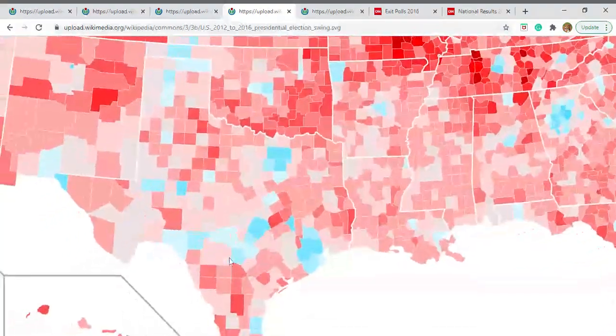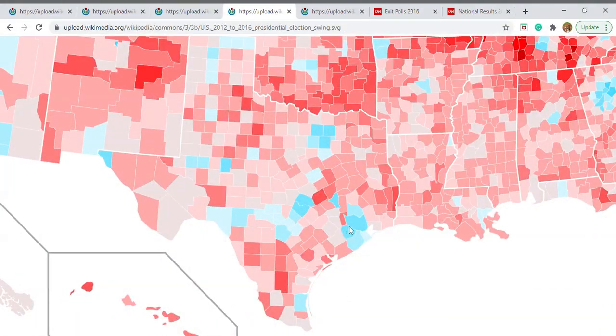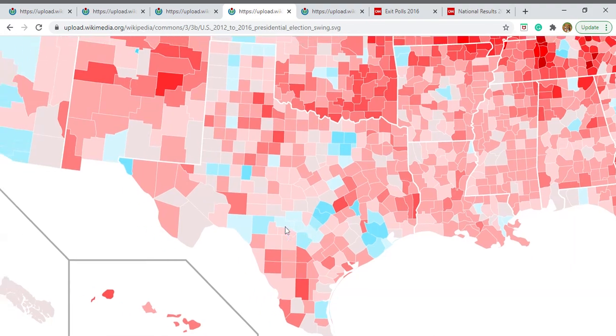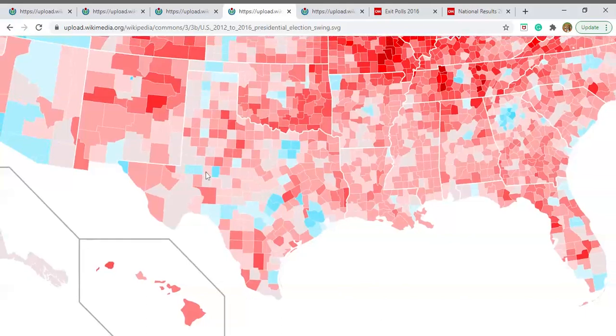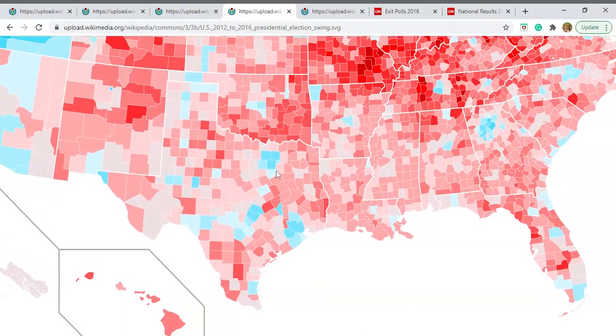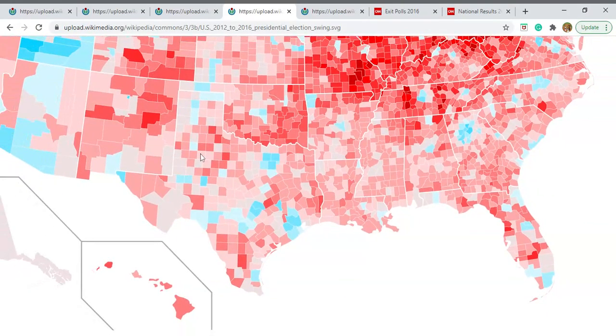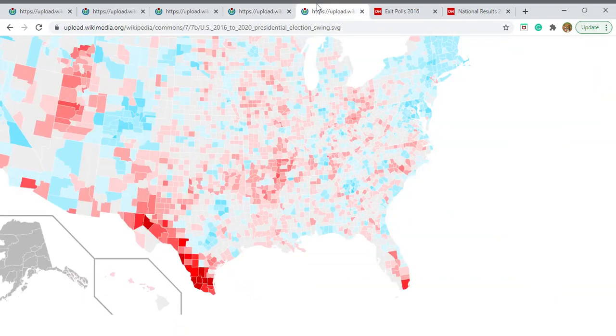Texas was one of them, because you have these big cities like Houston, Dallas, San Antonio, Austin, Fort Worth, and El Paso. They moved these states to the left. So in 2012, Mitt Romney won Texas by a margin of 16% over Barack Obama. It used to be a solid Republican state.